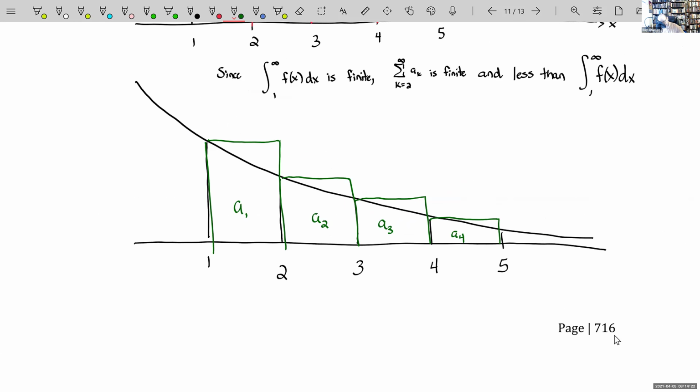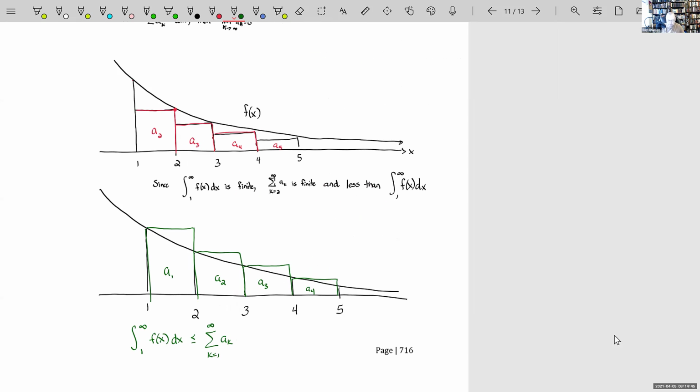So this tells me that the integral from 1 to infinity of f of x dx is below the summation from k equals 1 to infinity of a sub k, right? And now that kind of provides a nice bound for what we're doing here.